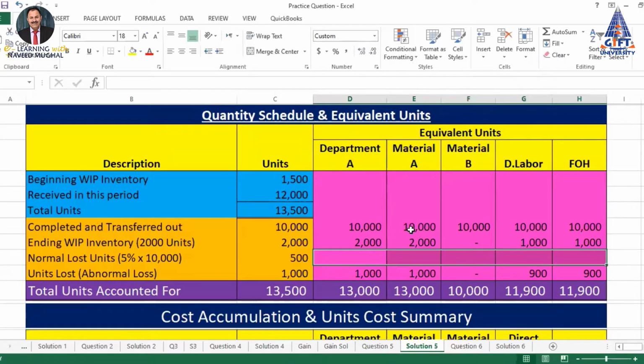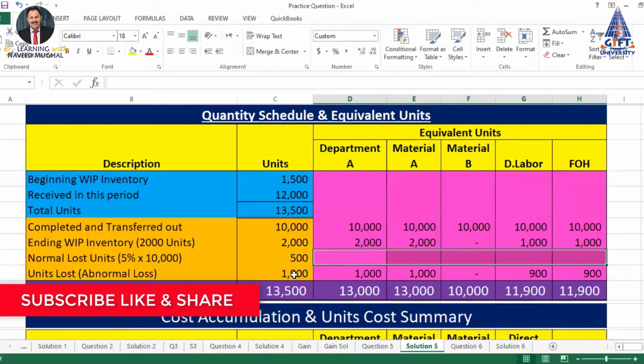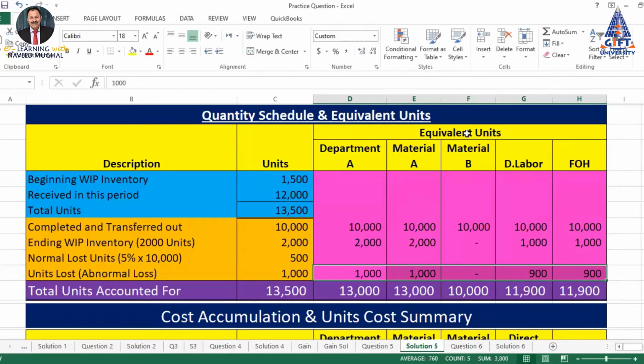But if we have to separate the loss and charge it to a specific unit or a specific account, then we have to separate that loss, and for the separation of that loss, we need to add those units in our equivalent units.